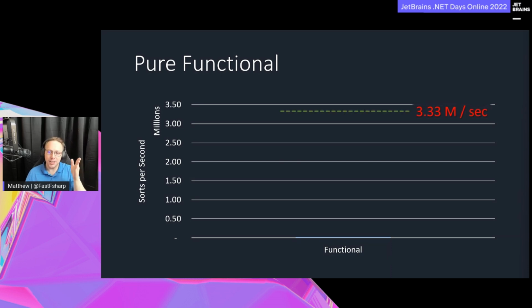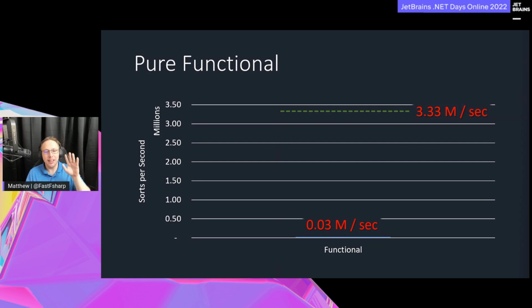Our target is here. We need to be able to do 3.3 million sorts per second to reach that performance target of 300 nanoseconds. And we are currently at 0.03 million sorts per second. So we're faster than the linear programming thing, but we're still 2 orders of magnitude off from where we want to be.